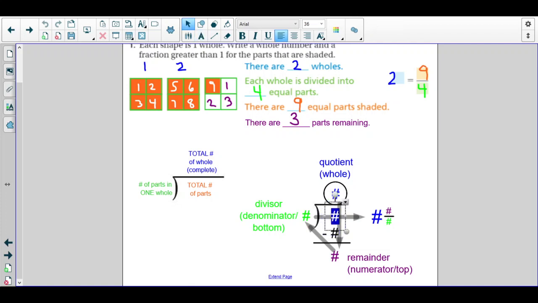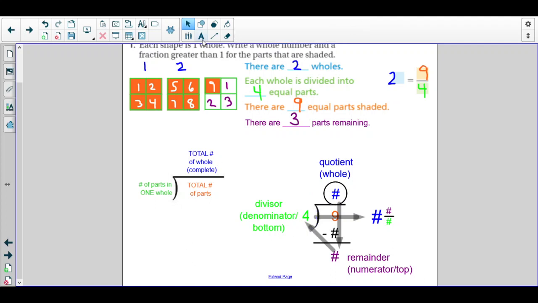All right, so what was our total number of parts that we had shaded? We had 9 of them. And what was the total, or the divisor, the number that we had in one of the holes? That was 4.